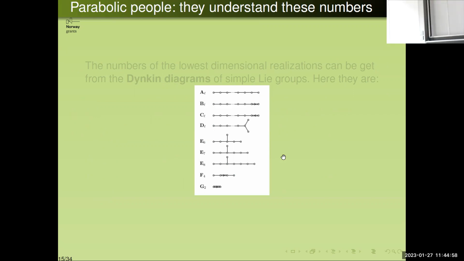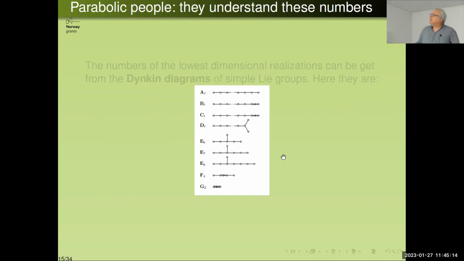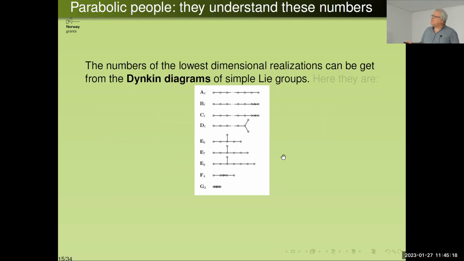So my next step is to tell you how you can find these numbers. The numbers of the lowest dimensional realizations can be obtained from the Dynkin diagrams of simple Lie groups.